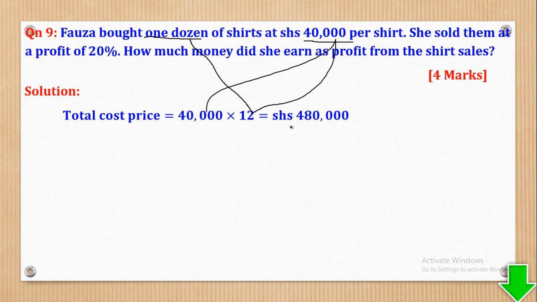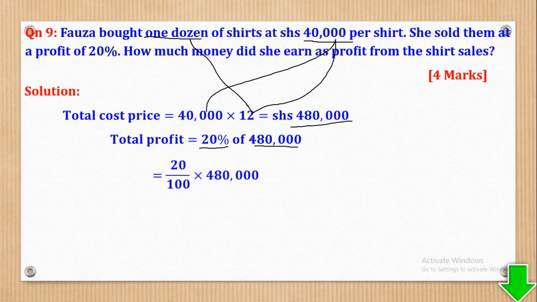So we shall come up with shillings 480,000 as the cost price. Then the total profit will be 20% of the total cost price, which is 480,000. Therefore, 20% means 20 over 100. This word of means multiplication. Therefore, when I multiply, I come up with shillings 96,000.